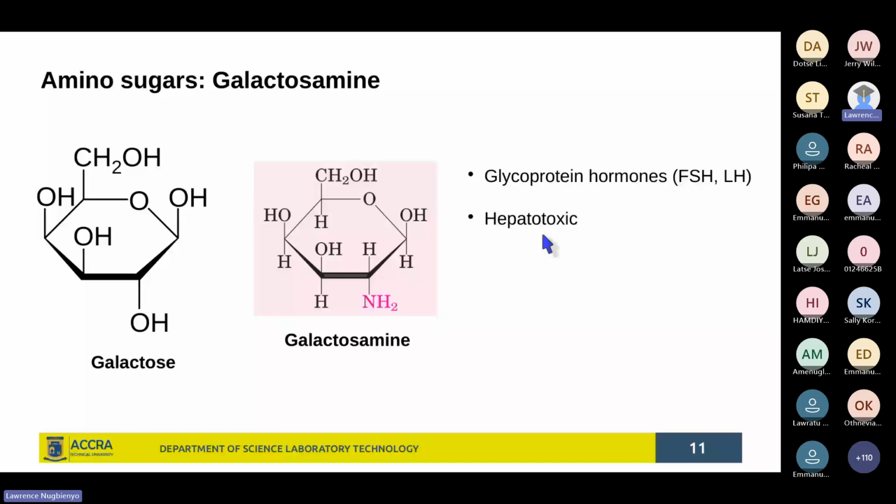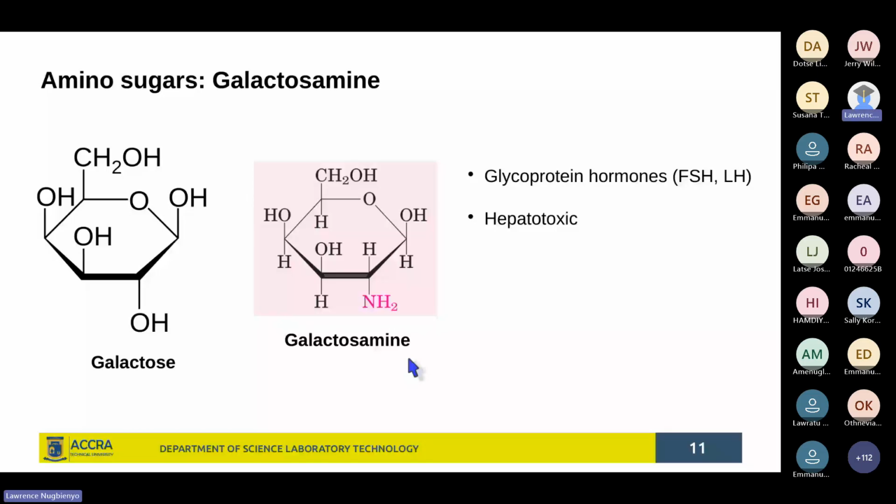It can be modeled by injecting galactosamine into these rats, because it induces some form of inflammatory reaction in the liver of these organisms.